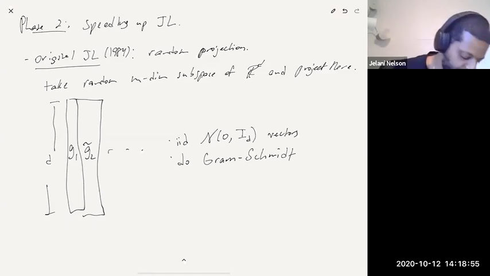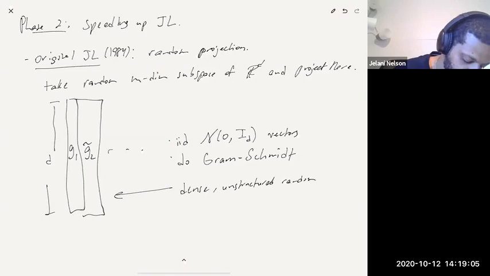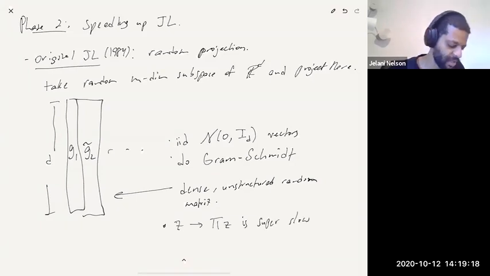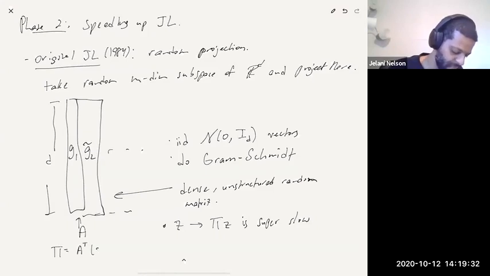So what does that mean at the end of the day? This is going to be a dense, unstructured, random matrix. Which means the map Z gets mapped to pi Z is super slow. Let's call this matrix A. Eventually you're going to take M of them, and pi is just going to be A transpose, maybe appropriately scaled.